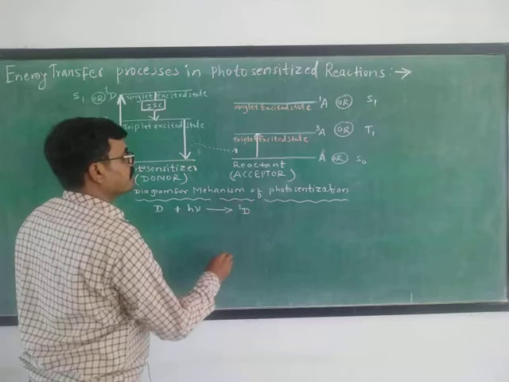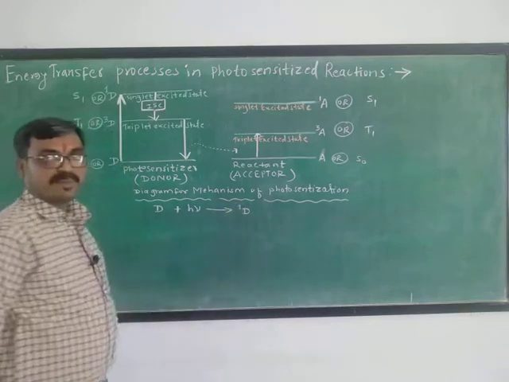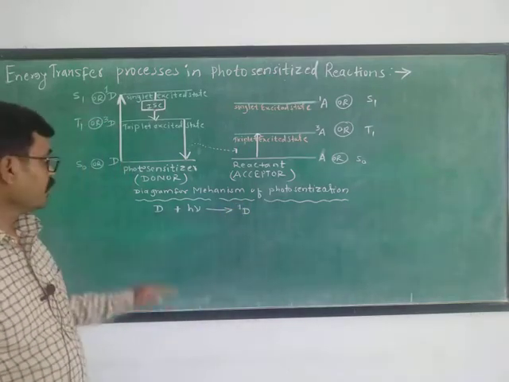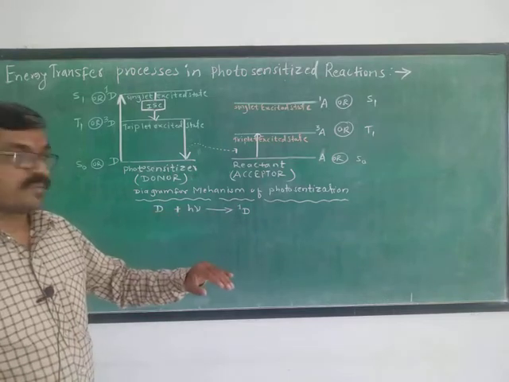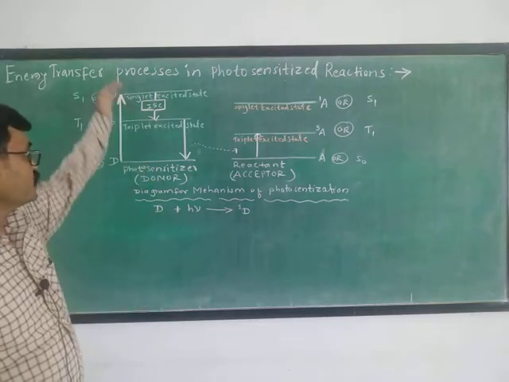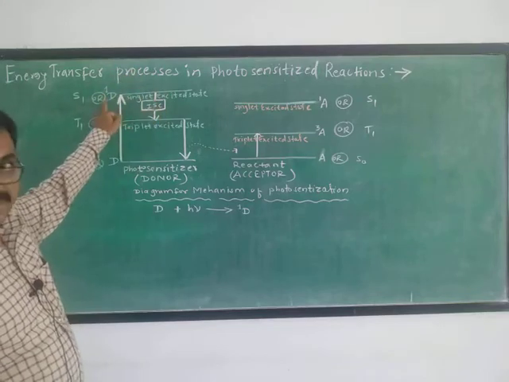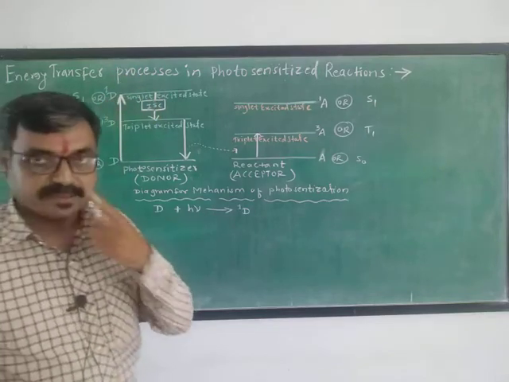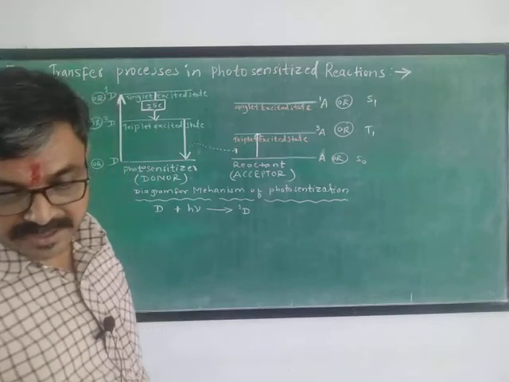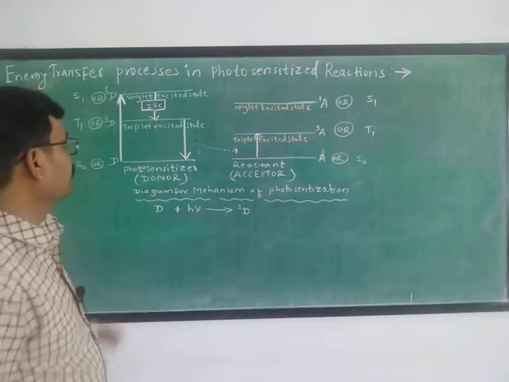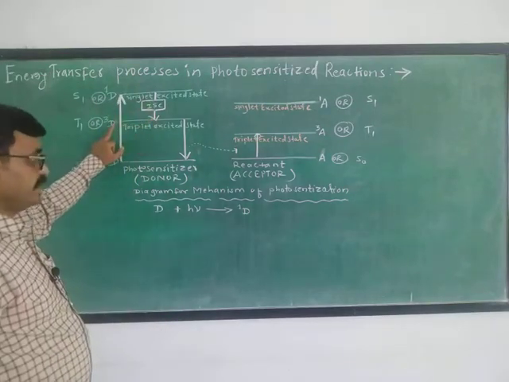Getting it? Understood? First step, the donor absorbs the incident photon, h nu, and goes to the singlet excited state. After this, it comes to its triplet state.